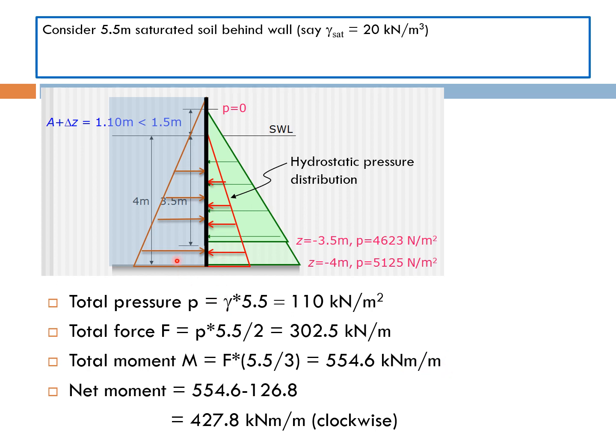So now we have a clockwise moment due to the soil, and we have an anticlockwise moment due to hydrostatic pressure and wave. If we check that, the net moment in this case is 427.8 kilonewton meter per meter, and it is acting clockwise due to the larger pressure from the soil on the left in this diagram.